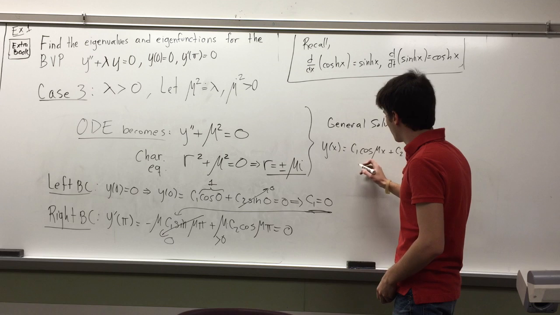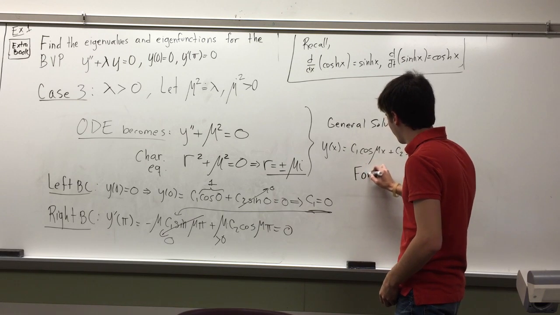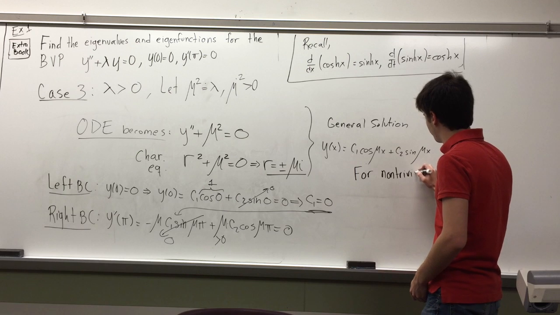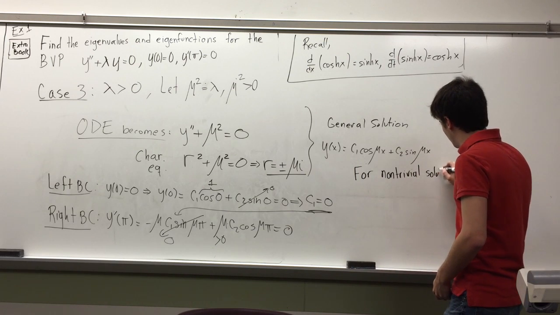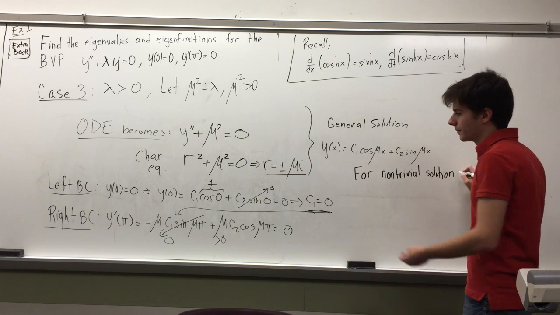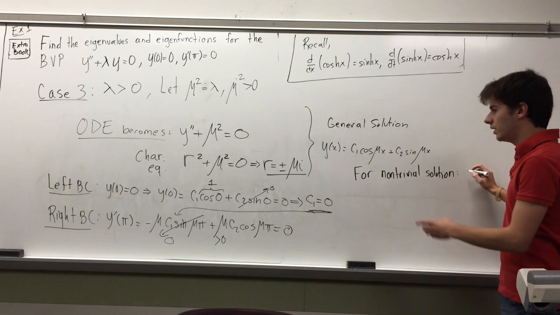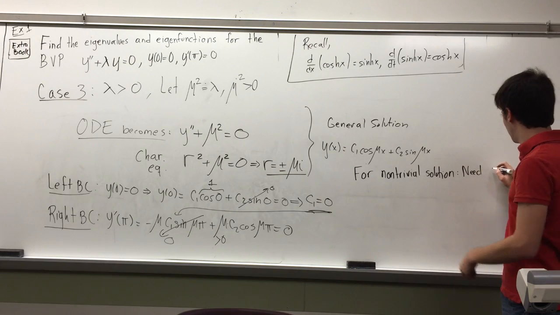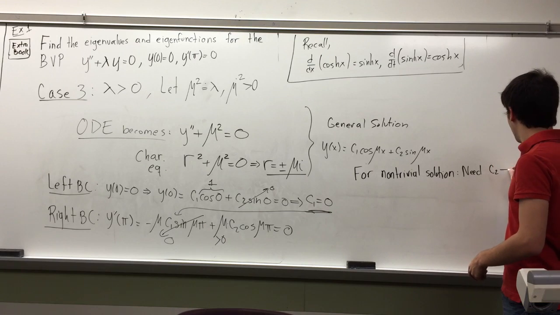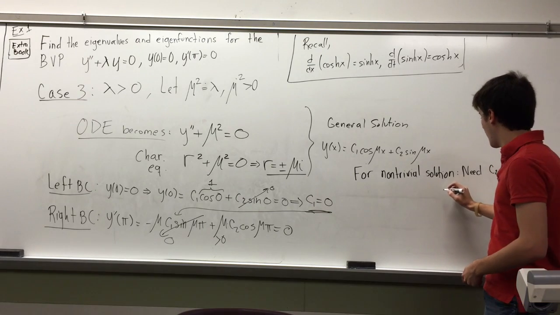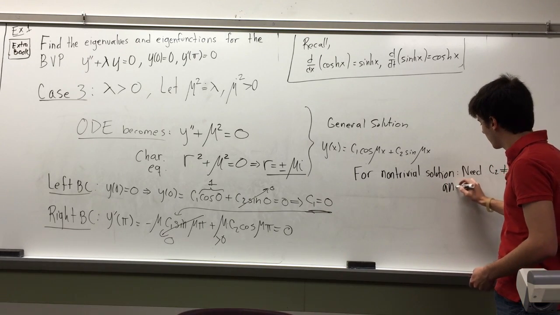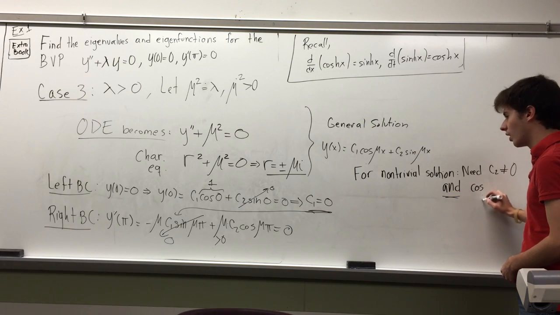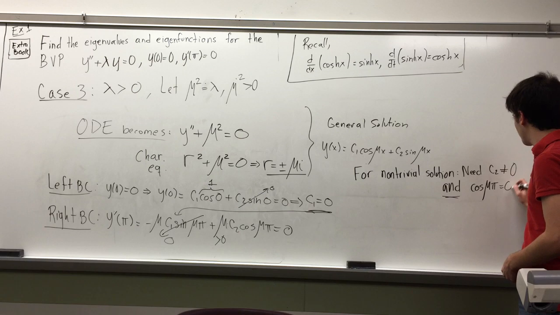So for non-trivial solutions, which is what we want, we need C2 different than 0, and, which is the important part, cosine of mu pi is equal to 0.